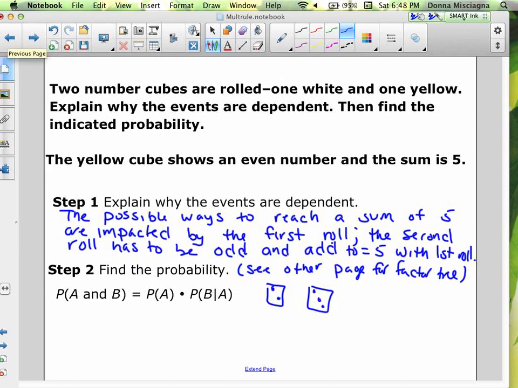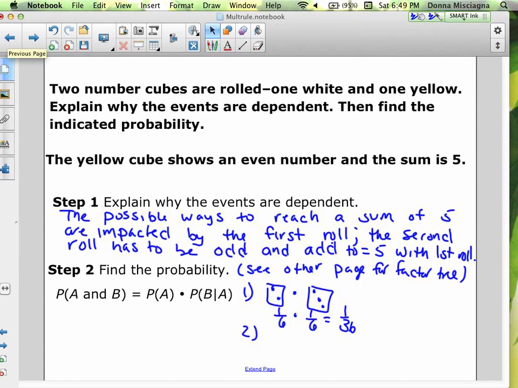So our first favorable outcome was the 2 times the 3, which has the probability of 1/6 for the 2, and the 3 had the probability of 1/6, and that gave us 1/36. I'll put a dot in between, because I don't want you to think it's 2 times 3. It's the probability of getting the 2 times the probability of getting the 3.